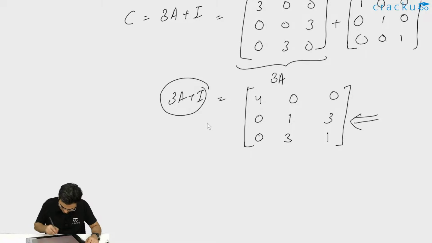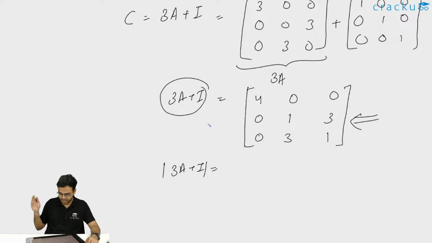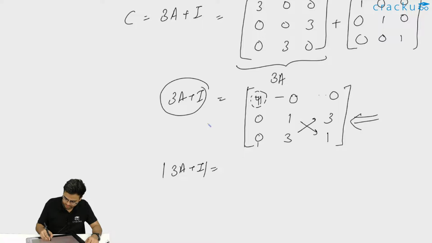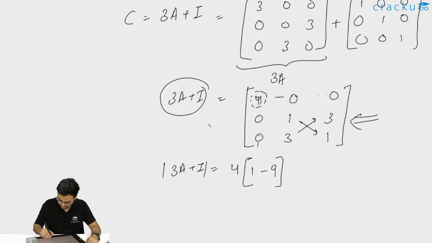Now we have to find the determinant of 3A plus I. You first take this element, remove its row and column, and cross multiply. So this will be 4 into (1 into 1 is 1 minus 3 into 3 is 9), so 4 into 1 minus 9, plus this is 0. Now we have to take the negative, as discussed in the second slide for the determinant of a 3 cross 3 matrix.